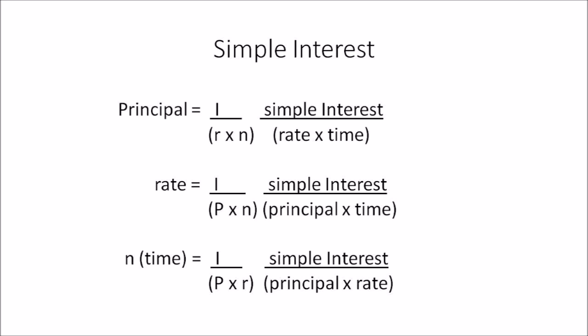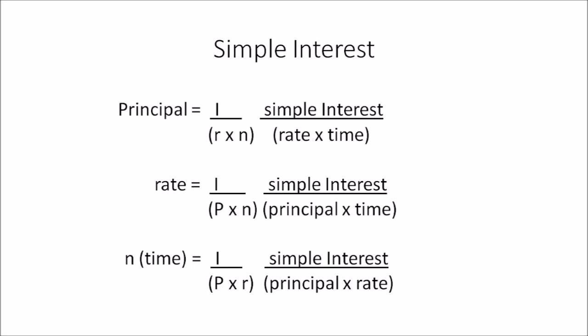So if you had to find principal and the simple interest rate and the time were given, you can do simple interest divided by the rate multiplied by the time. If you had to find the rate instead, you can do simple interest divided by principal times time. And if you had to find the time of the loan, you can do simple interest divided by principal times rate.